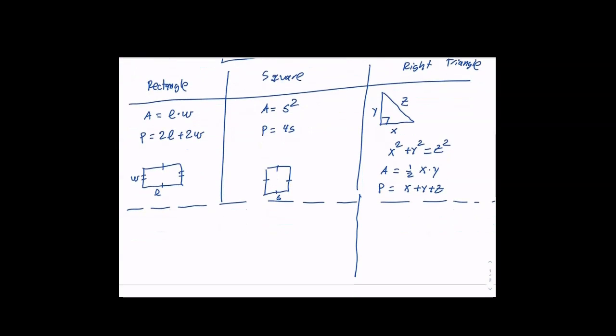However, right triangles do go a little bit deeper, so you'll need these for later on. You should also remember the trigonometric relationships. If I call this angle theta, then sine of theta equals y over z, cosine of theta equals x over z, tangent of theta equals y over x.